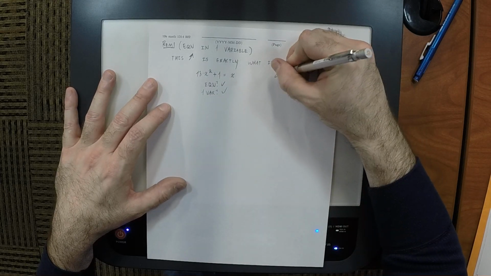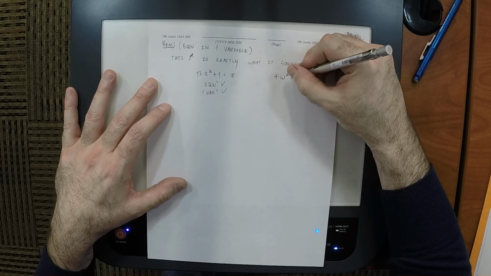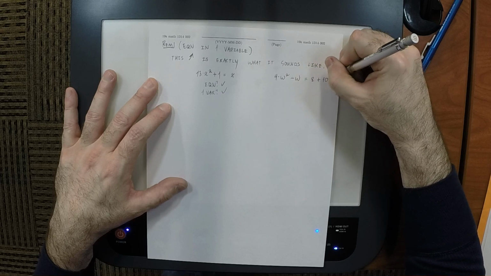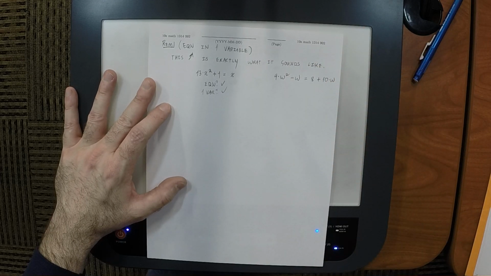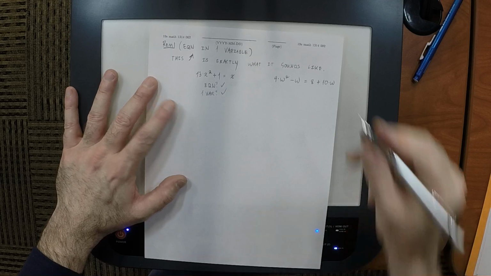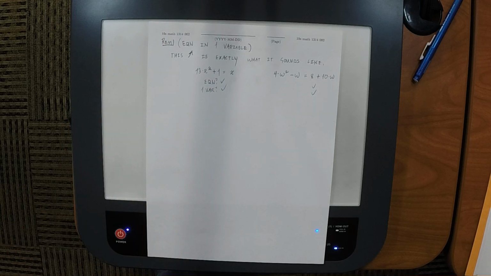All right. Then we could do this one. How about 4w squared minus w is equal to 8 plus 10w. Is it an equation in one variable? Yes. It's not significant that the variable happens to be named w instead of x. The only thing that is significant is that there's just one of them.